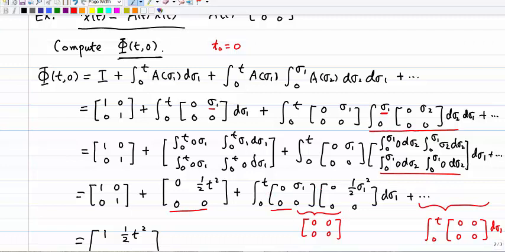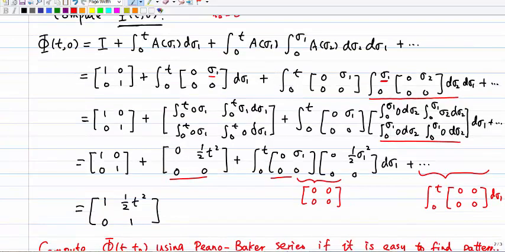And for any higher order integrations, they are also zero, because doing another integration still gives zero. So as a matter of fact, all the high order integrations become zero. We don't have to calculate them. We only have the first two terms that are non-zero.